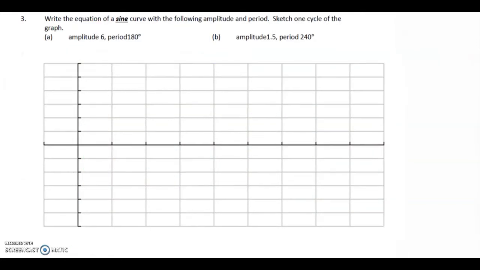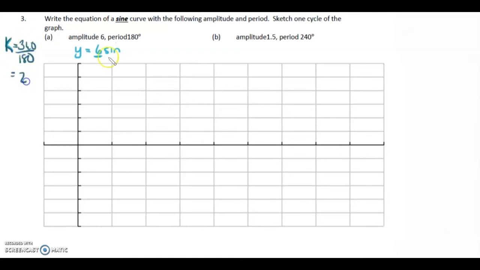Okay, number 3, write the equation of the sine curve with the following amplitude and period, and then sketch one cycle of the graph. Okay, so the amplitude is 6, so we would have y equals 6 sine, because the amplitude's always the a value. Now the period's 180, so in order to get the k value, we would have to divide 360 by 180.